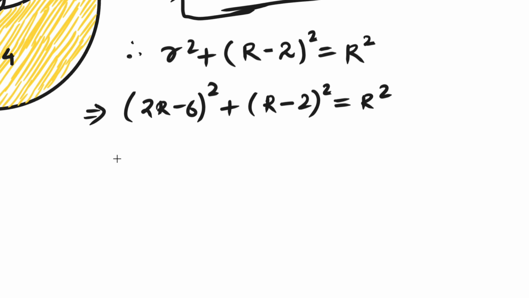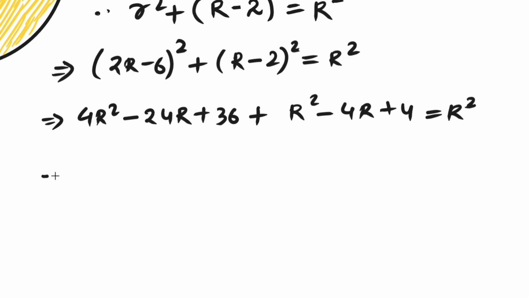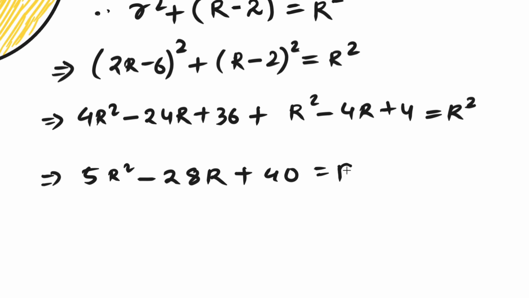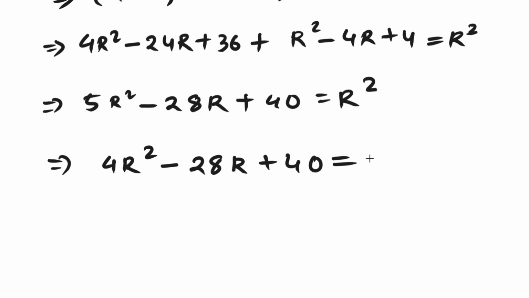Expanding the first square gives R squared minus 6R plus 9. Expanding the second square gives R squared minus 4R plus 4. So we have R squared minus 6R plus 9 plus R squared minus 4R plus 4 equals R squared. Combine the like terms. This gives 2R squared minus 10R plus 13 equals R squared. Now subtract R squared from both sides, giving R squared minus 10R plus 13 equals 0.